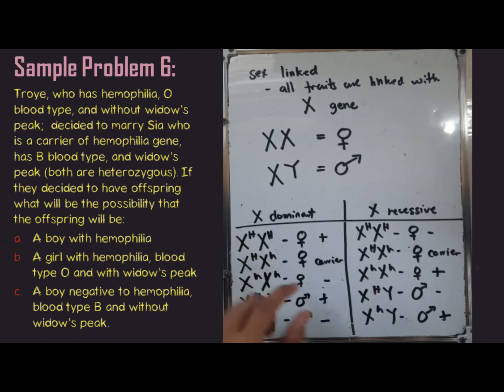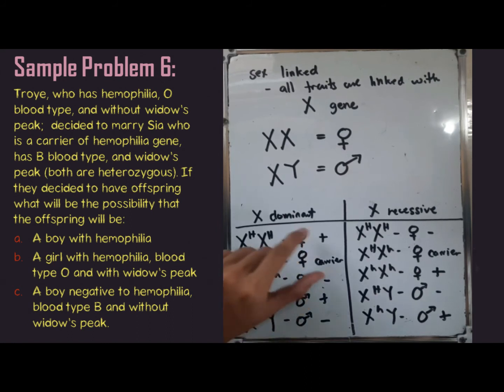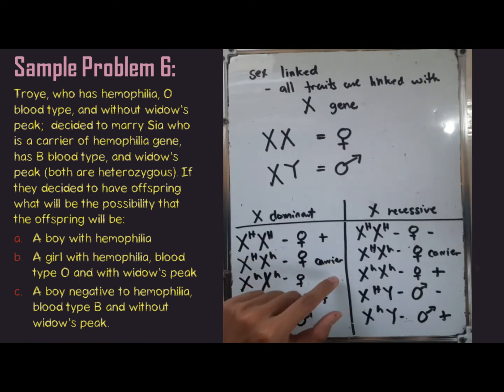Okay? While females would be carriers of the hypertrichosis gene if it is in the form of heterozygous dominant. Then, the female would be negative if she possesses homozygous recessive for the absence of that gene. Okay? That's the thing about females. There are three possibilities. It would either be positive, carrier, or negative.